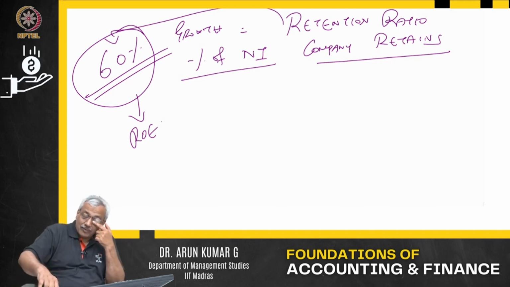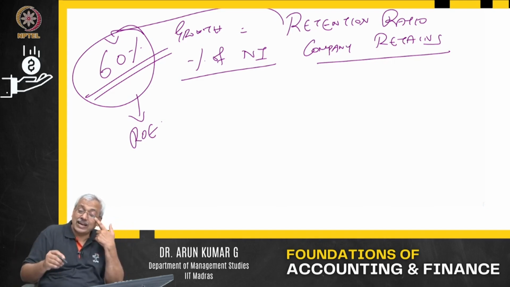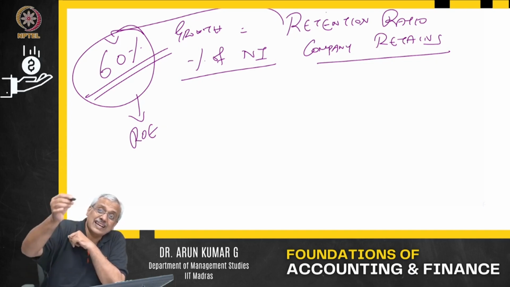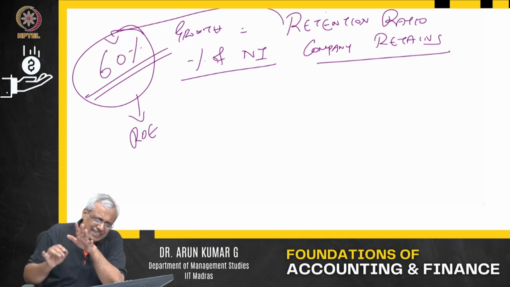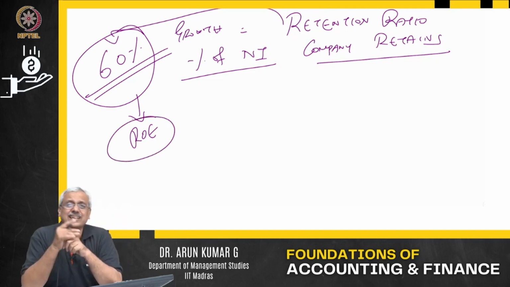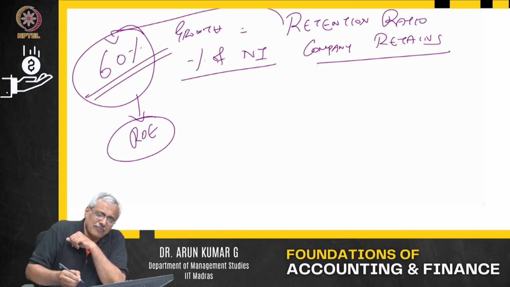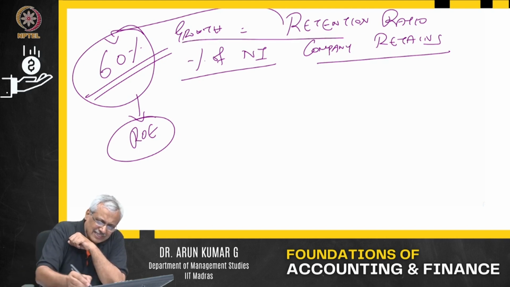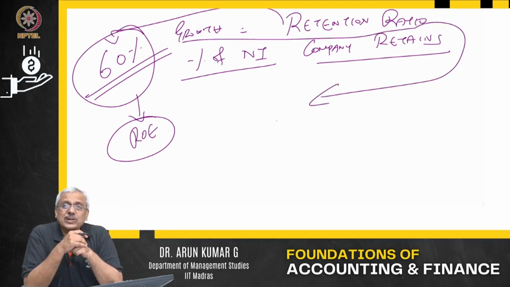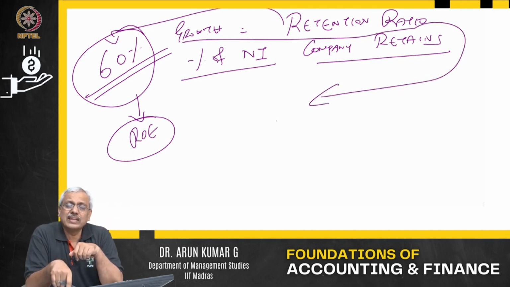So whatever amount of money you are going to retain, what is the rate at which that is going to earn? Here in this base case, vanilla case, I am going to assume it earns at the same return on equity. So growth comes only from the retention ratio, number 1, and the return that the retained money is going to earn in the market.